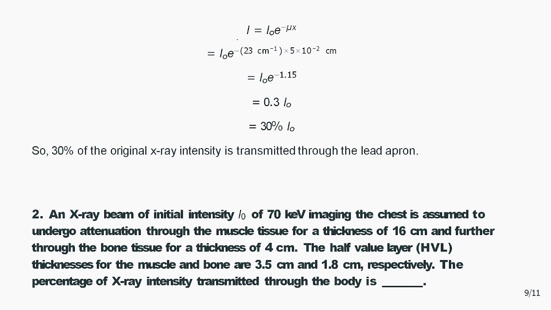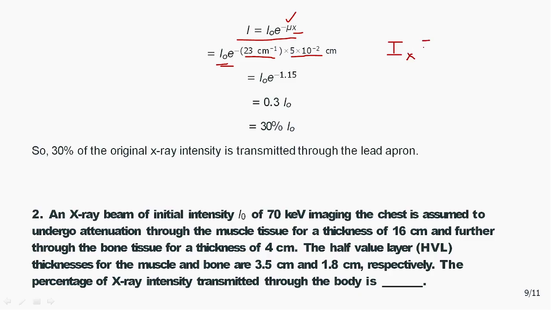So using this formula, I equals I naught e to the power minus mu x, mu is found to be 23 per centimeter. X is 0.5 millimeter, that is 5 into 10 to the power minus 2 centimeter, and this is the value we are getting.